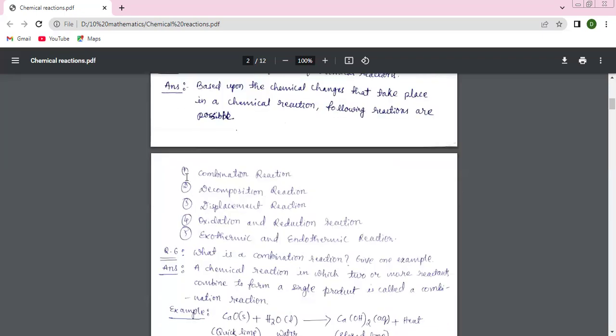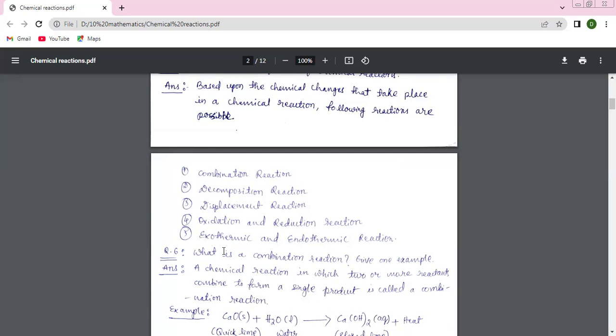There are totally 5 different types of chemical reactions. One is the combination reaction. Second is the decomposition reaction. Third is the displacement reaction. Fourth is the oxidation and reduction reaction.